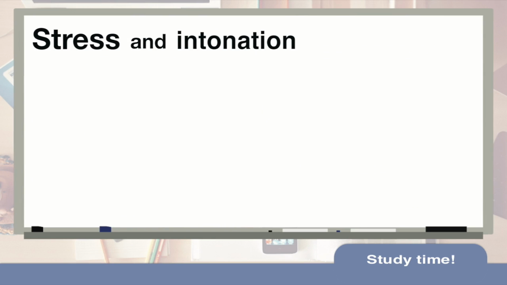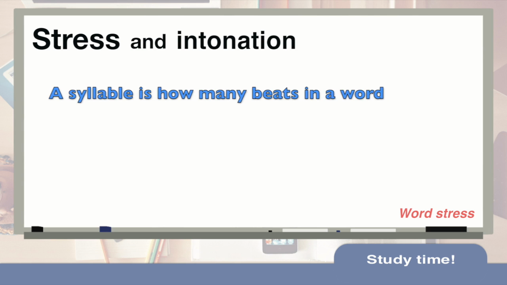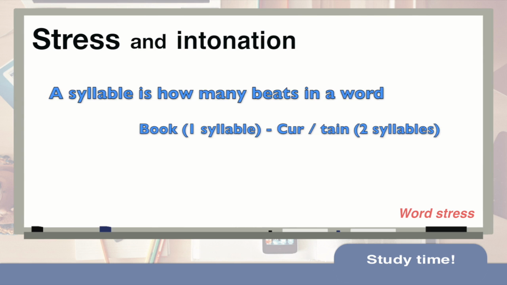To get us going, we're going to begin with looking at word stress. The first important thing to understand is syllables. A syllable is how many beats are in a word. For example, book has 1 beat, therefore 1 syllable, whereas curtain has 2 syllables or 2 beats, curtain.